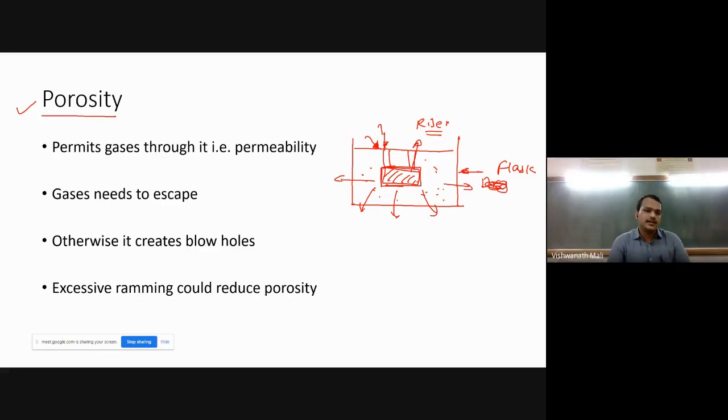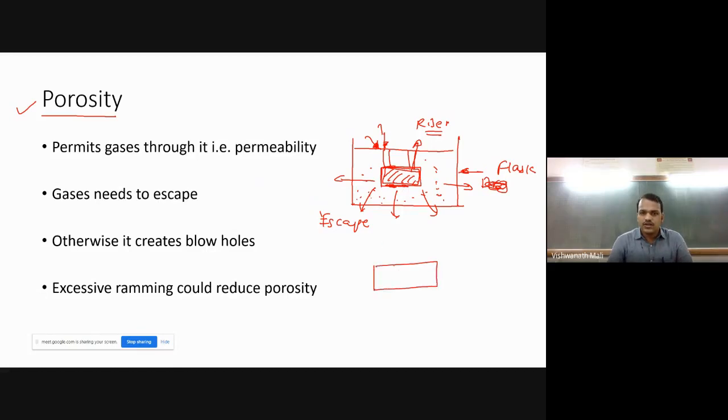When your molding sand is porous enough, the gases will escape. If your molding sand is not porous, then whatever gases are there will get entrapped and will cause a casting defect.